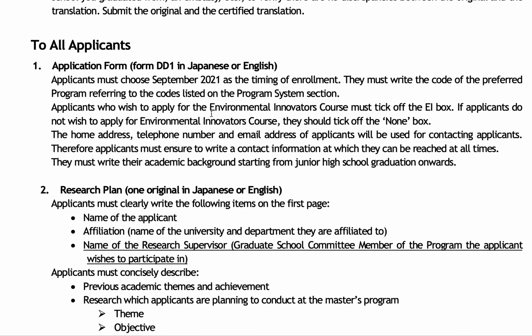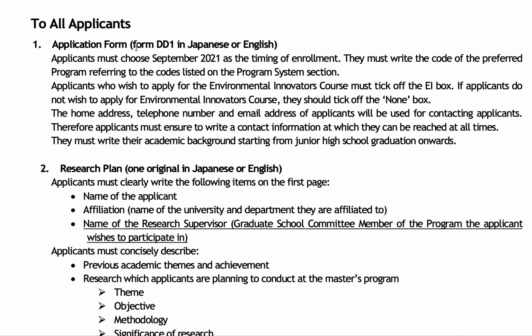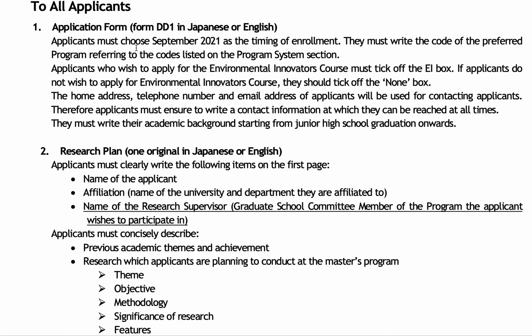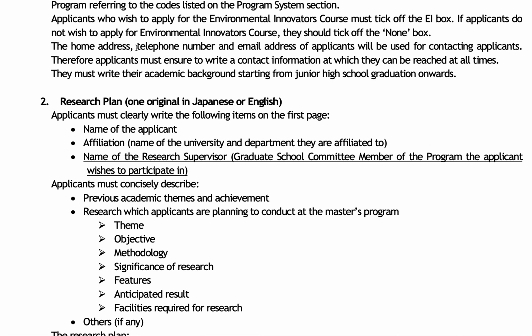Let's look at the application form. I think it's simple, but the tricky thing is that you have to write a lot of detailed things since your elementary school to your university. It's quite detailed, but not that difficult.